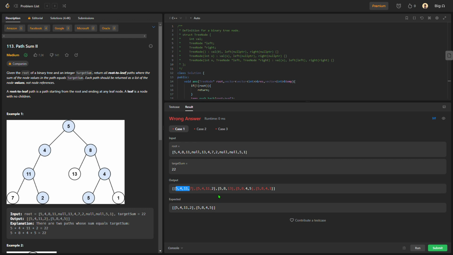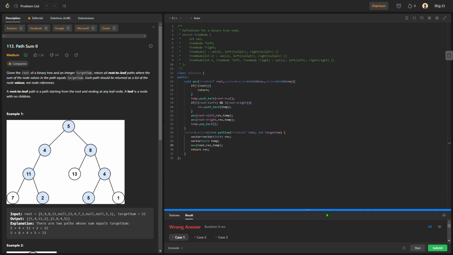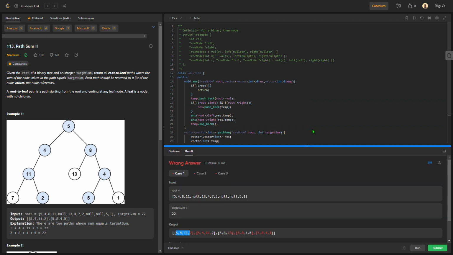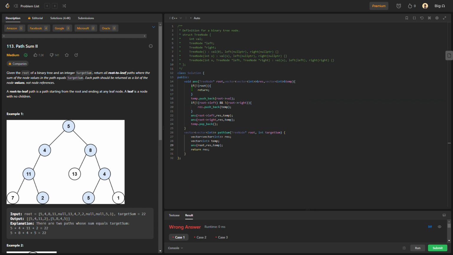Hence this is an important question because we have learned how to traverse a binary tree. So please do remember these basic functionalities of checking if the node is null or not, pushing back the value, and checking that node's left and right. If they are null, then that means this is the leaf node.